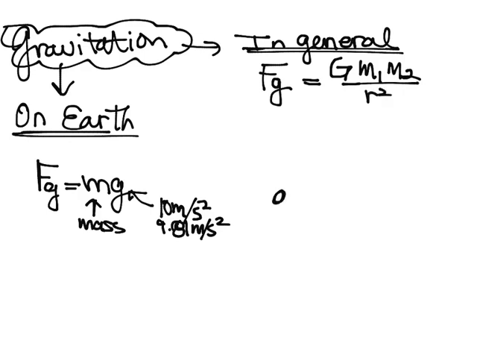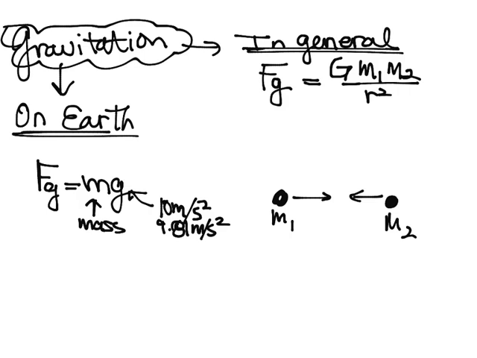Anytime you have two objects, no matter how big or small they are, kind of like two magnets, they attract each other. m1 is putting a force on m2 because of gravity, and m2 is putting a force on m1 because of gravity. You find them with this equation.